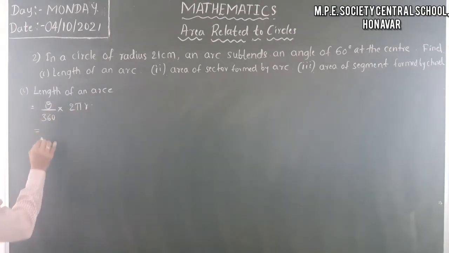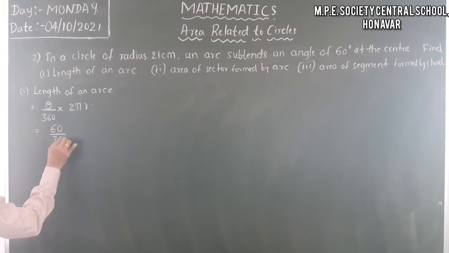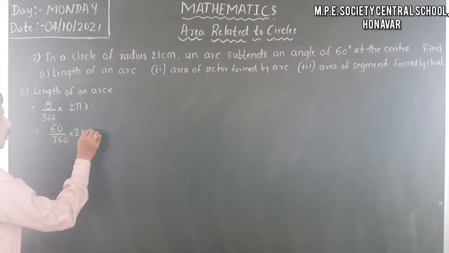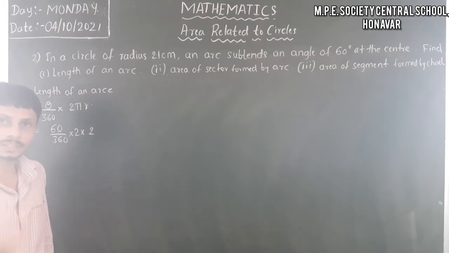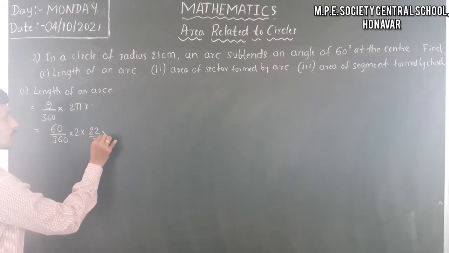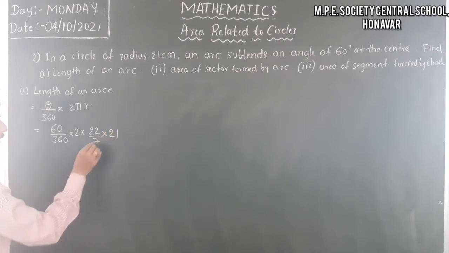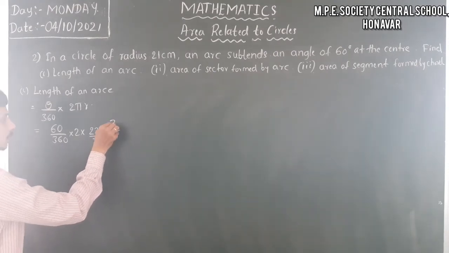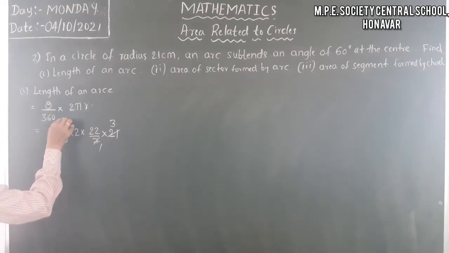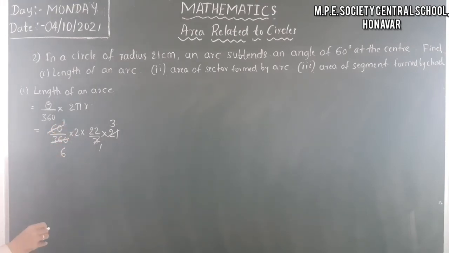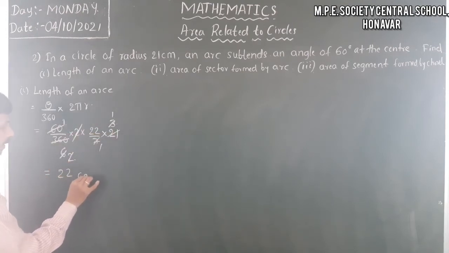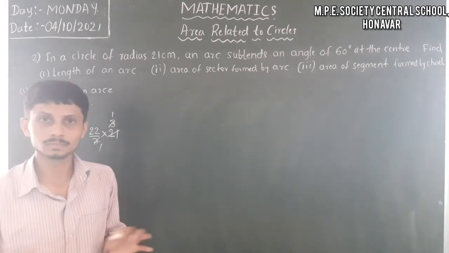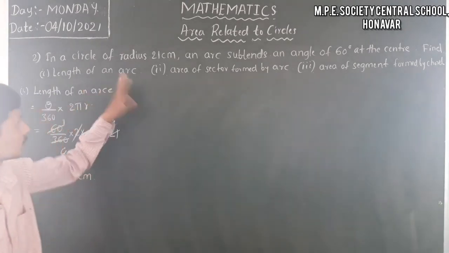It is 60 by 360 into 2 into pi. Pi is not given, so use 22 by 7, and the radius 21. Then 7 into 1 and 7 into 3, 6 into 1 and 6 into 6, 3 into 1 and 3 into 2, and the 2s get cancelled. The answer remaining is 22 centimeter, the length of the arc. We got the value of the length of an arc, the first part is completed.